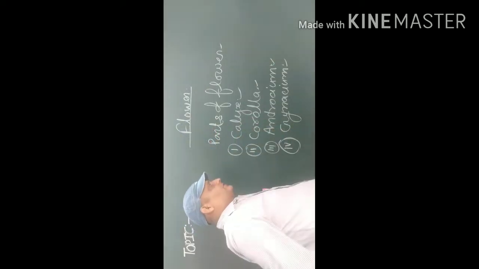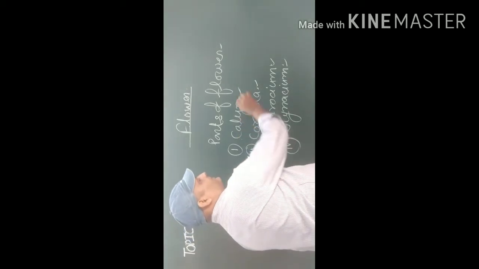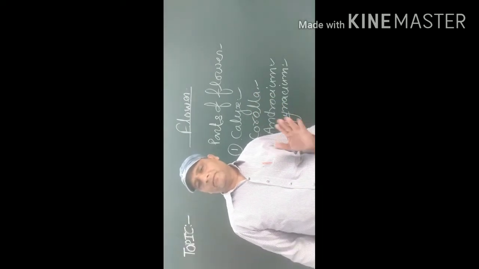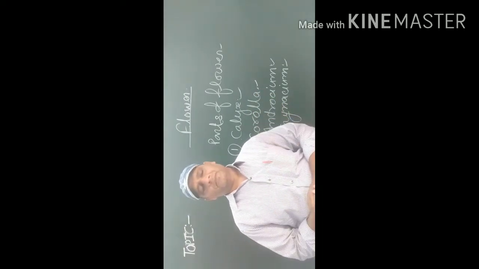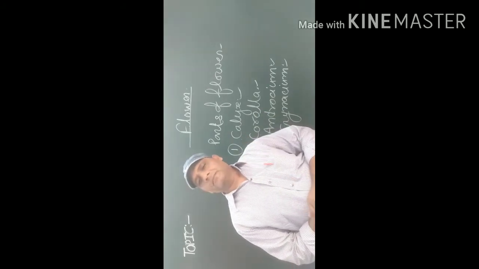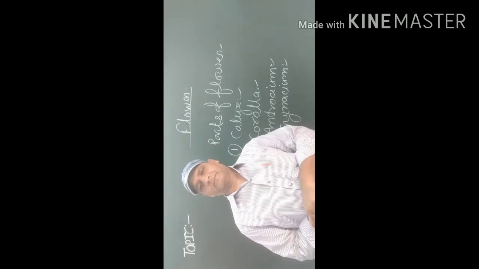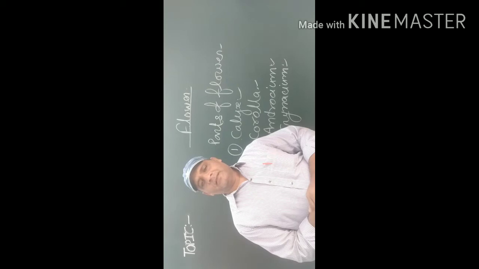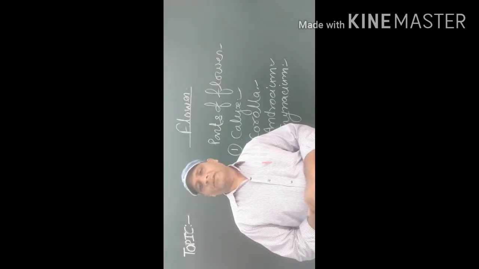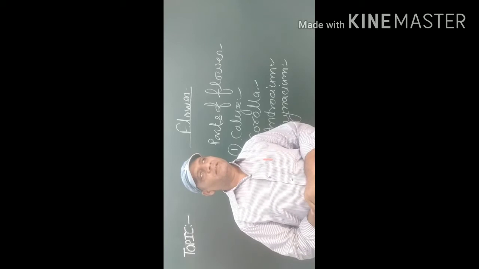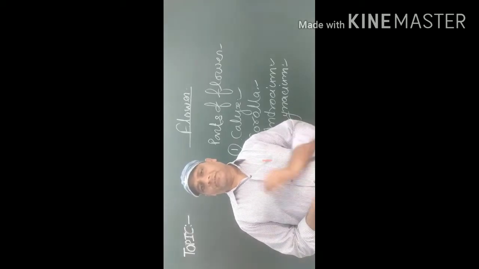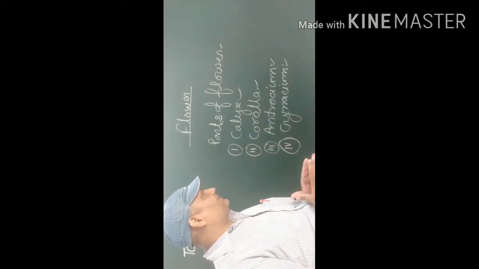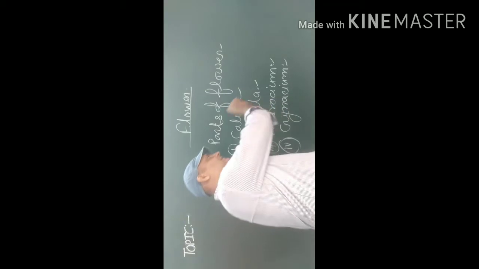The first whorl of the flower is calyx. The calyx is composed of various numbers of leaf-like greenish structures. It is composed of a number of units, and each unit is called a sepal. The mixed form of sepals is termed calyx.